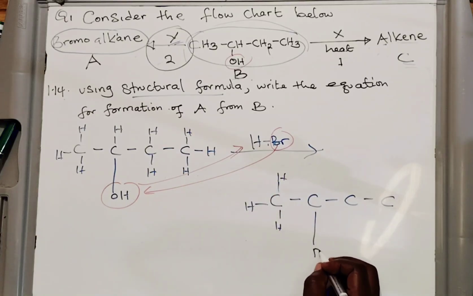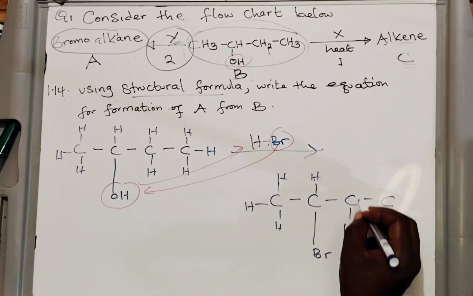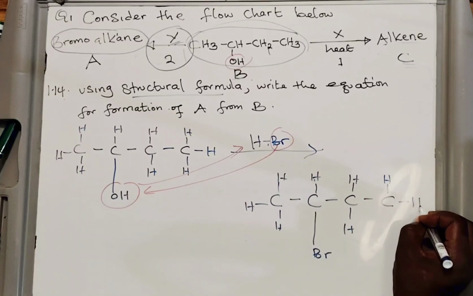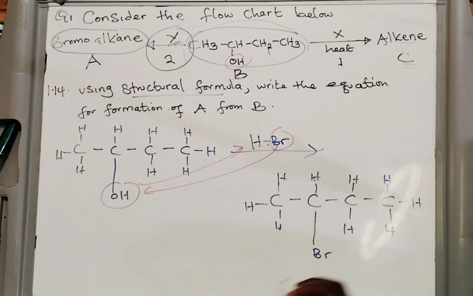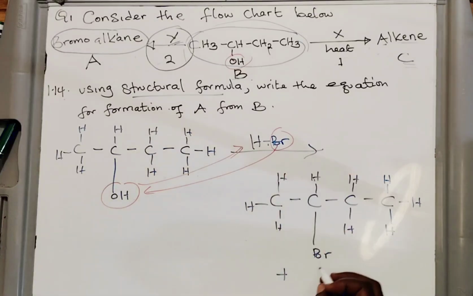And we have our Br here. And the other inorganic product is, remember, OH substituted with a Br. So the other one is going to be HOH. This is the structure formula for water. So this is typically what happens using the structure formula. Let's go to the next question.